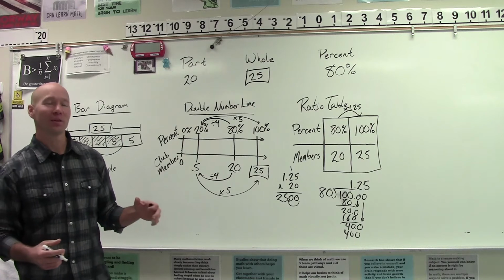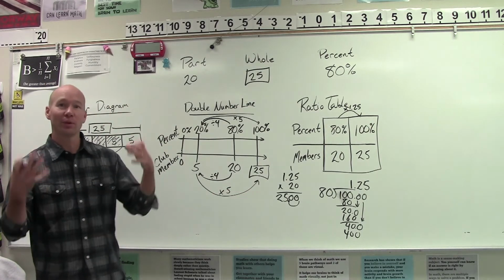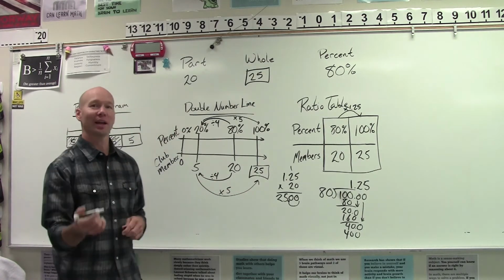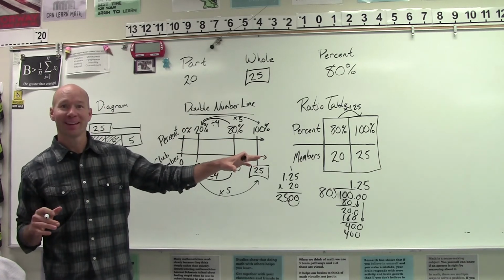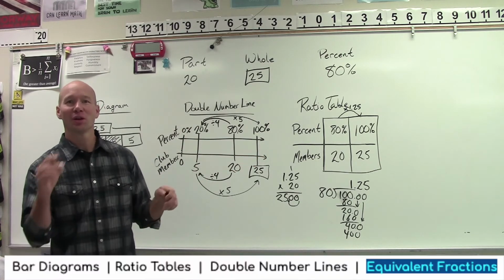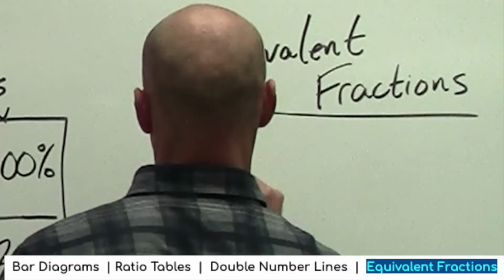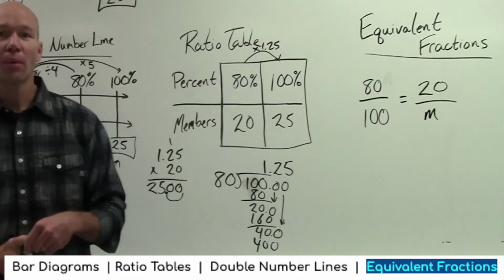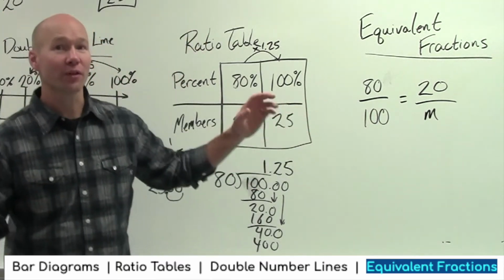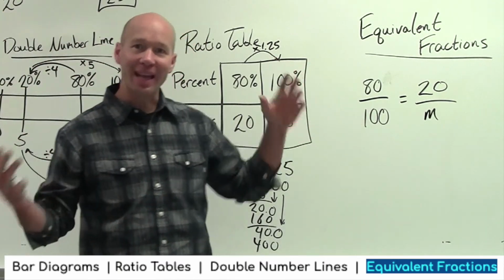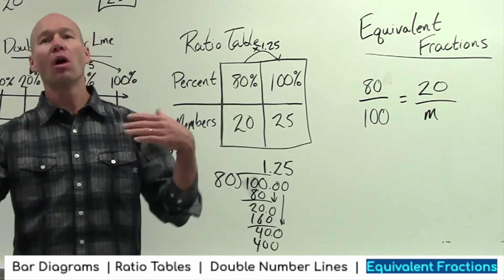What's the final way that we can conceptually understand percent in action? All right, so we've got equivalent fractions. What I've drawn is, first off, the fraction 80 over 100, because 80% is 80 over 100.